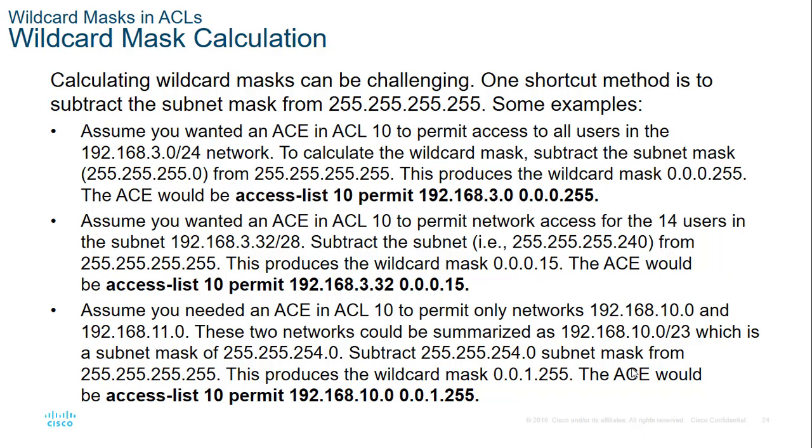The next one you want to look at would be if you needed to permit only networks 192.168.10 and .11. These two networks could be summarized as 192.168.10.0/23. That would be what we call supernetting, because we had two networks that were contiguous. When we want to combine two networks together that are contiguous, instead of borrowing left to right in our network, we actually go right to left.